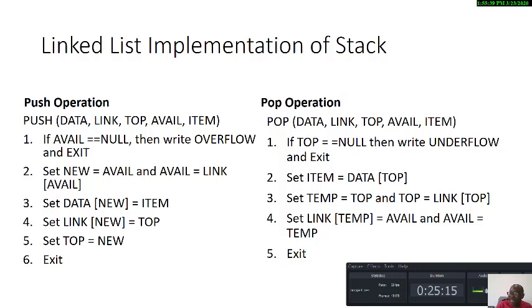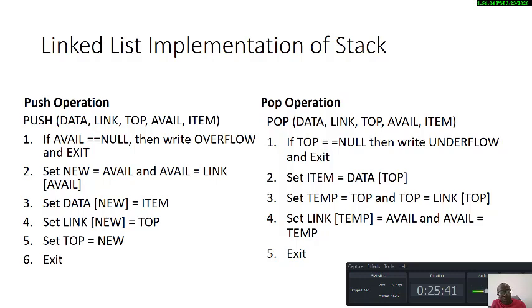Remember, this is a stack implementation, so the current element should always be at the top. The current element should always be the one that the top pointer is pointing to. So the location of the new node, which is new, should be assigned to top. Then you exit. That is the algorithm for the push.